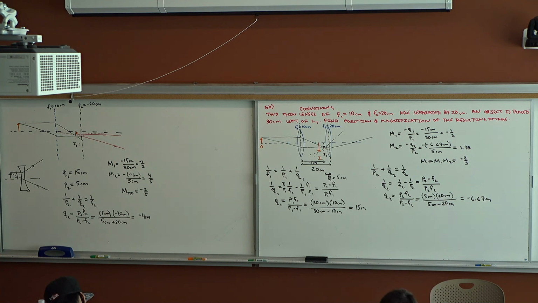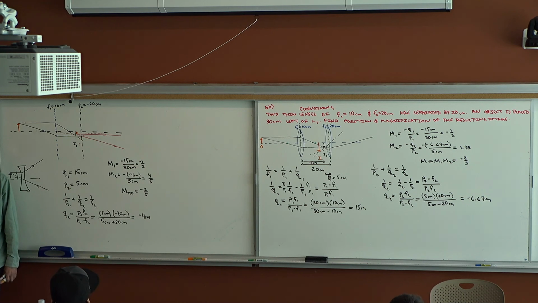Horrible drawing. For the value of Q2, you went P2 minus F2 to 5 plus 20? Yeah, because F2 is minus 20, so 5 minus 20 is 5 plus 20. Oh, that's right, okay. Better. In the exam, will we have to draw similarly to what you're doing?